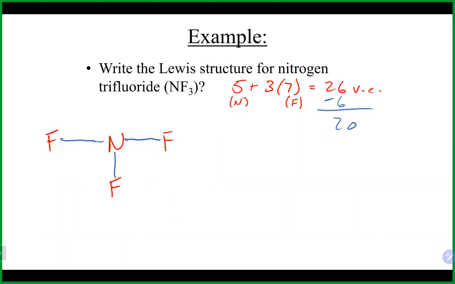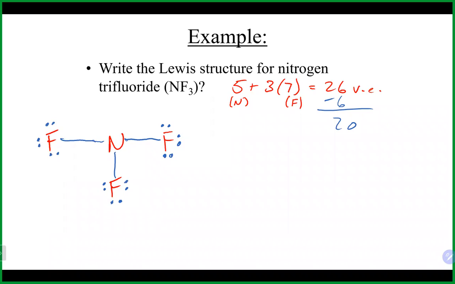Again, they're going to go on as pairs of dots or electrons. So that's 2, 4, 6, and that one is going to be full. 8, 10, 12, and that fills up that one. 14, 16, 18, and that fills up that one.